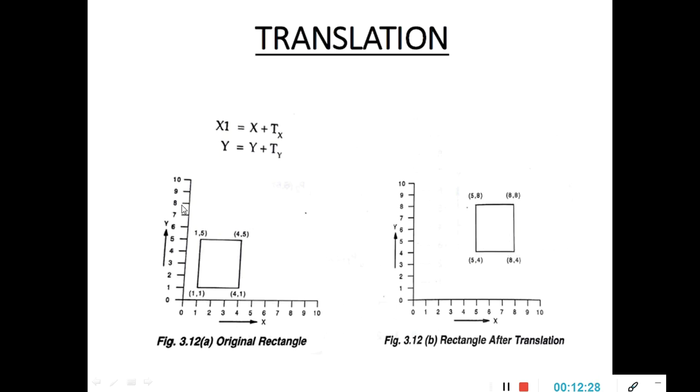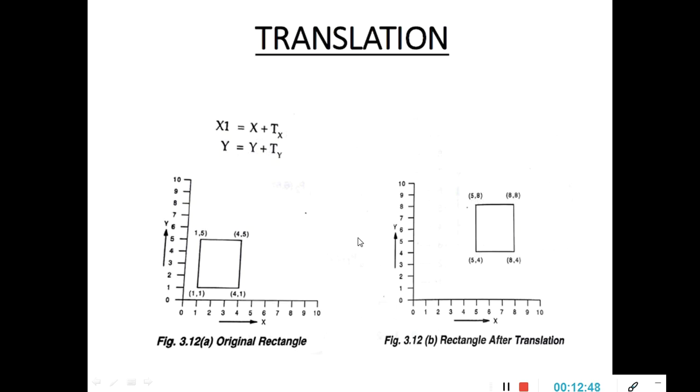Here also the x and y is there. So this rectangle can be transferred from this point to this point. The new coordinates are 8 4, 8 8, 5 8 and 5 4. So x1 is equal to x plus xt, and y1 is equal to y plus yt. So this is the translation.